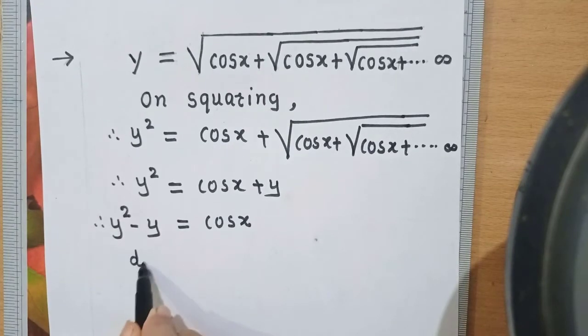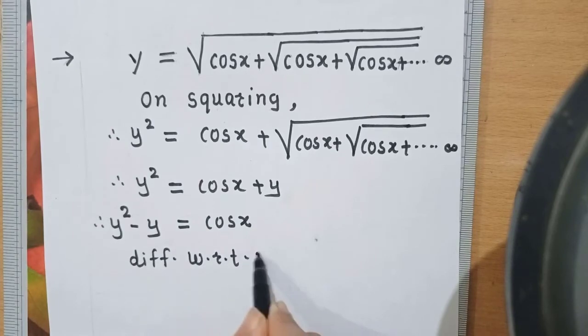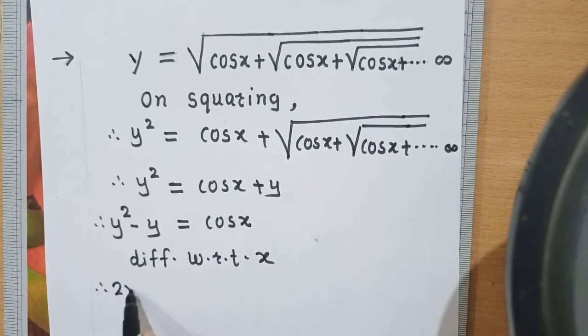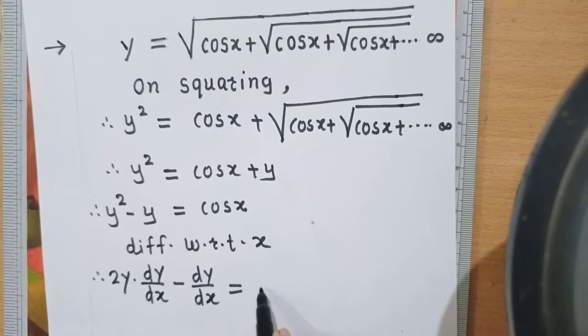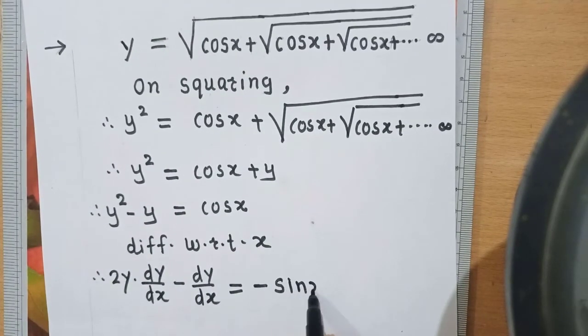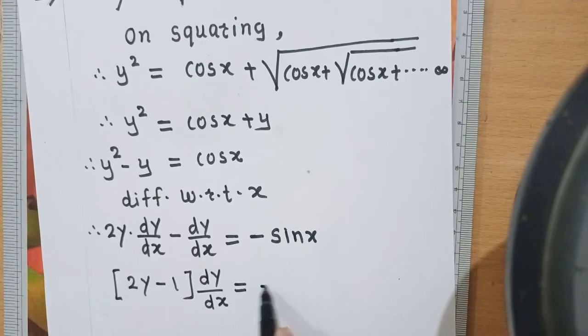Now differentiate with respect to x, and therefore 2y dy by dx minus dy by dx, and the derivative of cos x is minus sine of x. Now collect dy by dx. So here 2y minus 1, and here dy by dx is equal to minus sine of x.